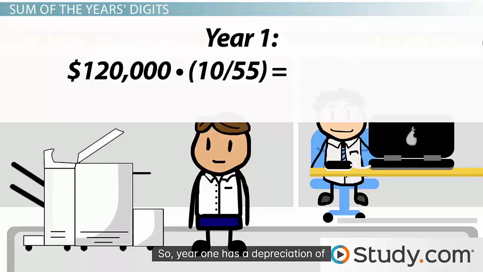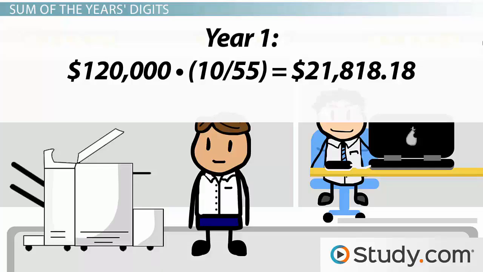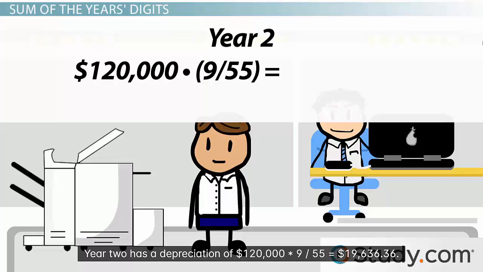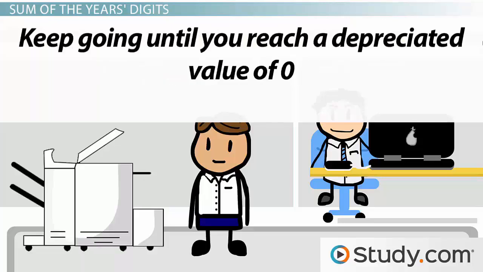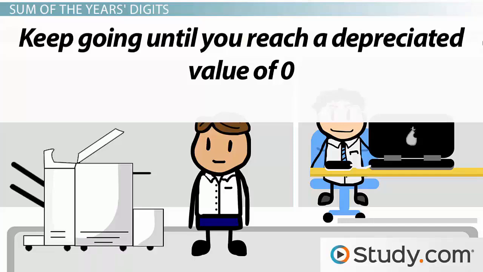So year 1 has a depreciation of $120,000 times 10 over 55 equals $21,818.18. Year 2 has a depreciation of $120,000 times 9 over 55 equals $19,636.36. Of course, like all depreciation methods, you keep going until you reach a depreciated value of 0.